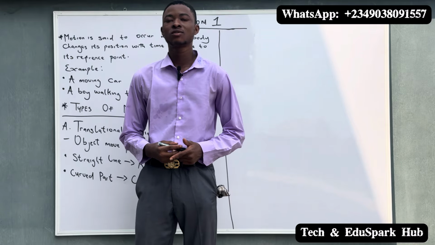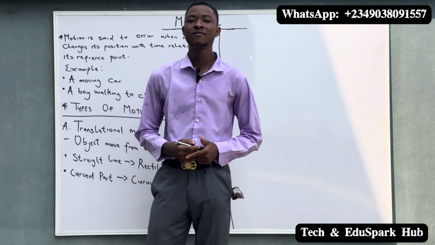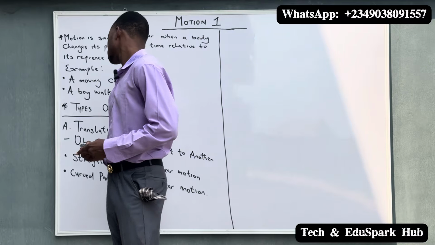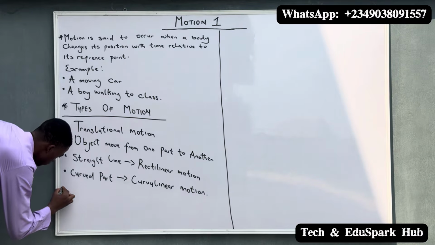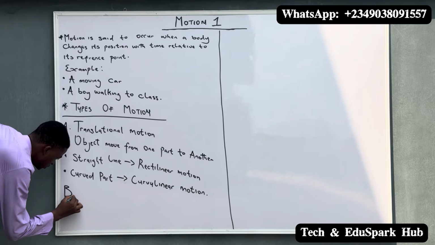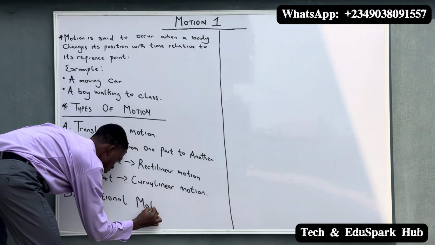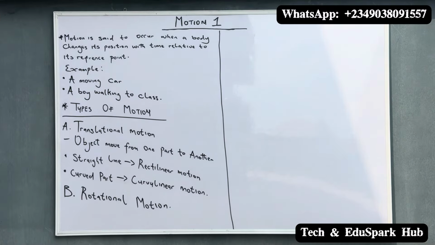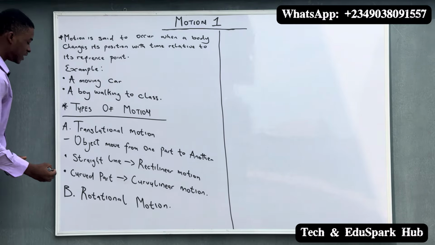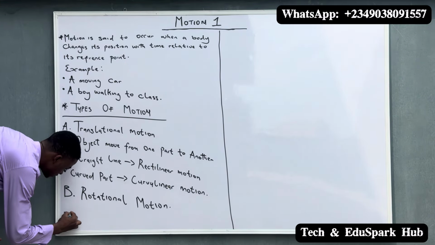Moving to the second type of motion, we have the rotational motion. Let me just write that down. We have B, which is the rotational motion. In this type of motion, the object rotates around a fixed axis.